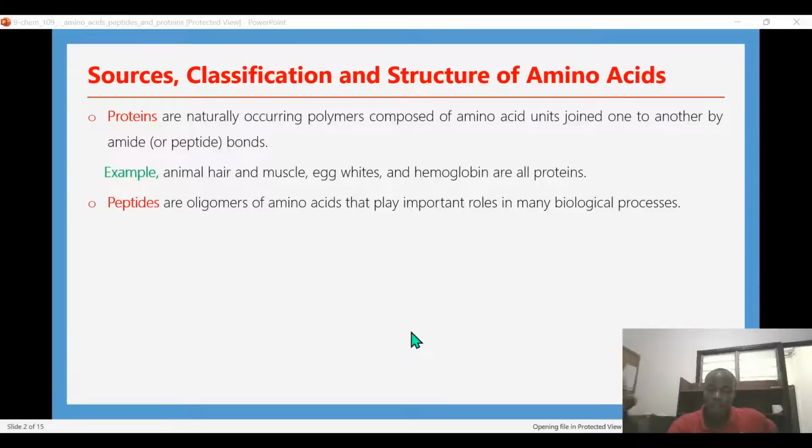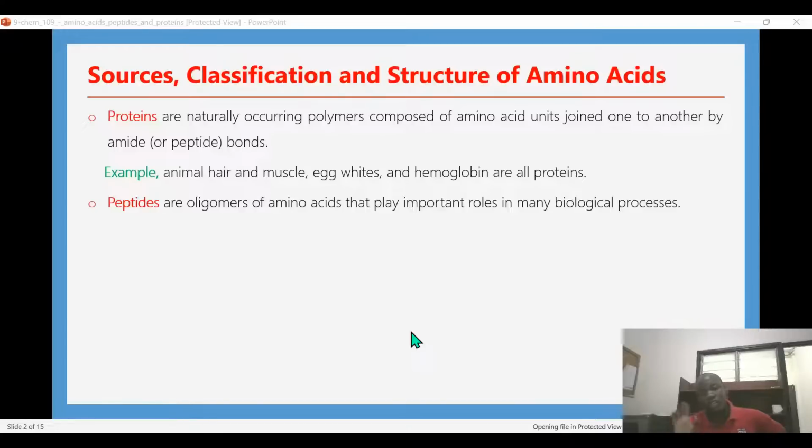So when you have a sequence of between 2 to 50 amino acids, it is a peptide. And when you have a sequence of more than 50 amino acids, you have a protein.